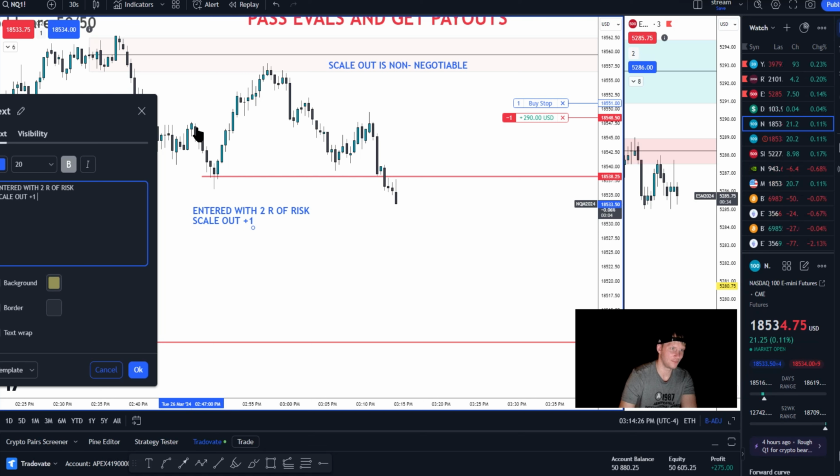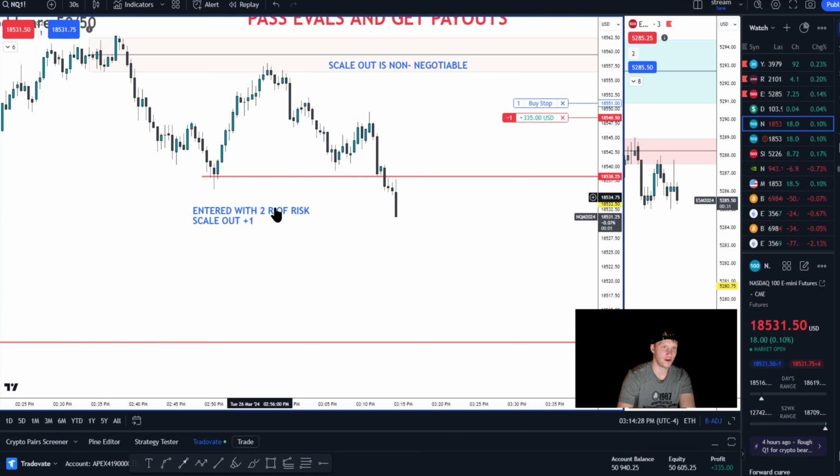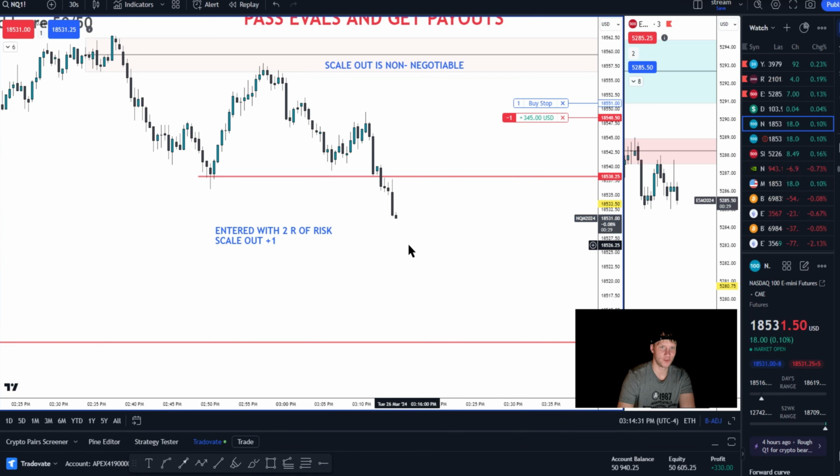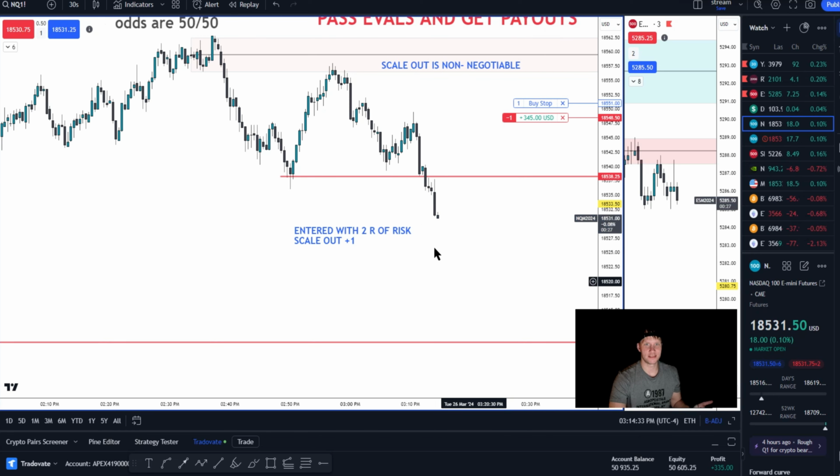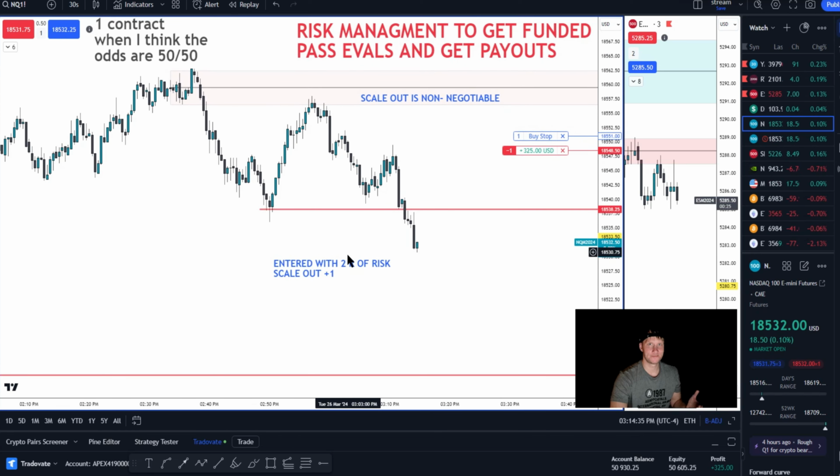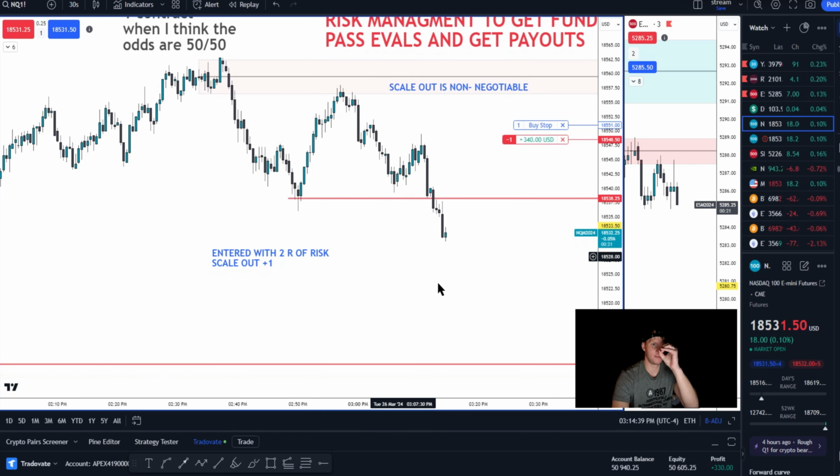You have a remaining negative 1R. So a plus 1 and minus 1. What is that? 0. That means I would have 0 remaining risk on the trade.